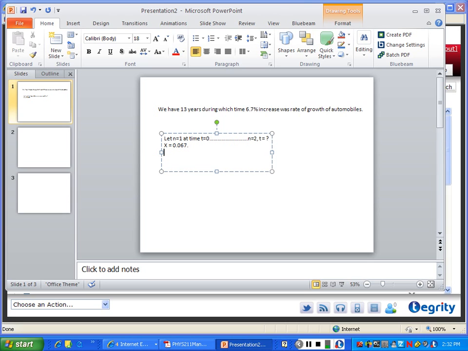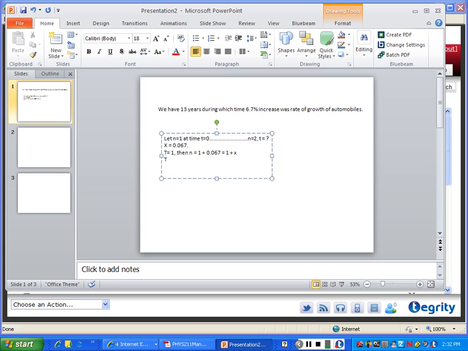Okay, so what does that mean? Well, after 1 year, when t equals 1, the number will be the number you start with at the beginning of that year, which is 1, plus the interest rate, 0.067, won't it? Or to write that generically, we just say 1 plus x.